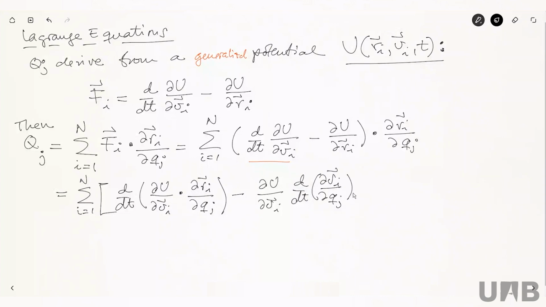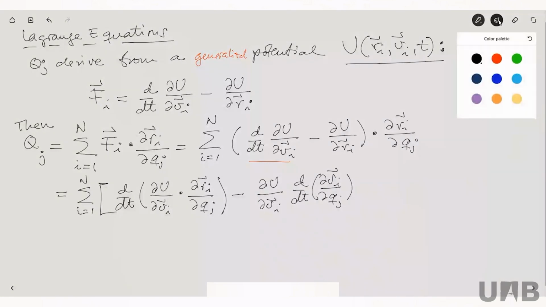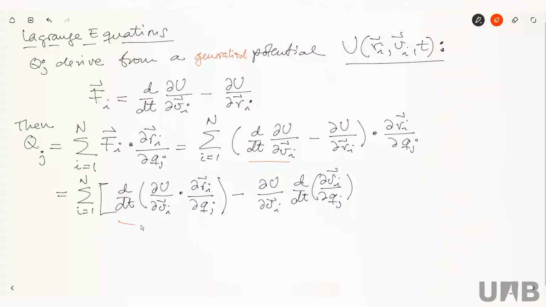You agree? So this derivative acts on dU/dV, which is the one that I have, times dR/dQ, but it also has dU/dV times the derivative with respect to time of dR/dQ, which I have to subtract. So the sum of these two is the same as that term.